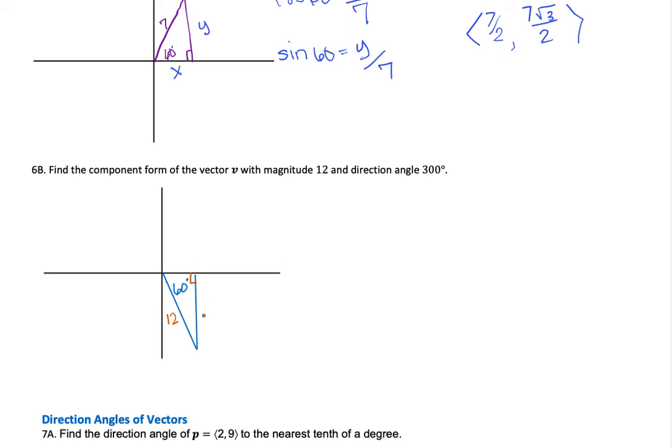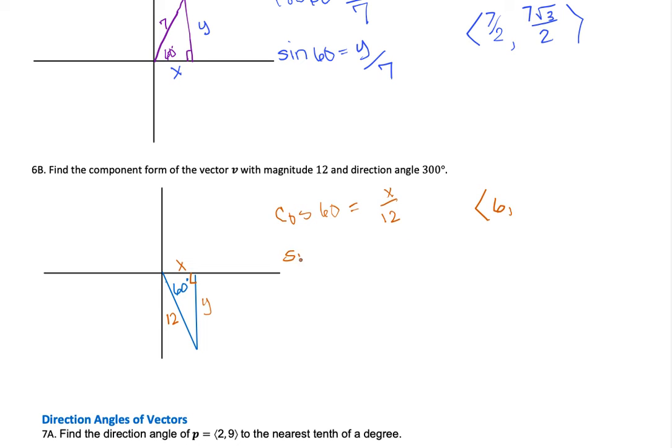And again, we're going to find our vertical and our horizontal. So we'll do this again. We will do cosine for adjacent over hypotenuse. So cosine 60 equals x over 12. And remember, this is 1/2, so really this just equals 6.